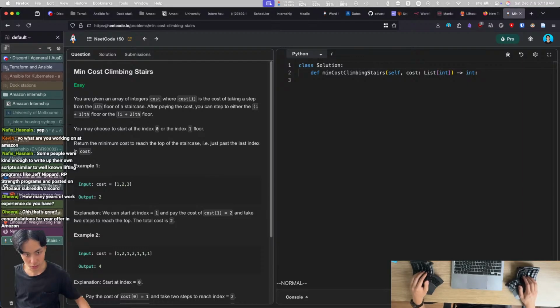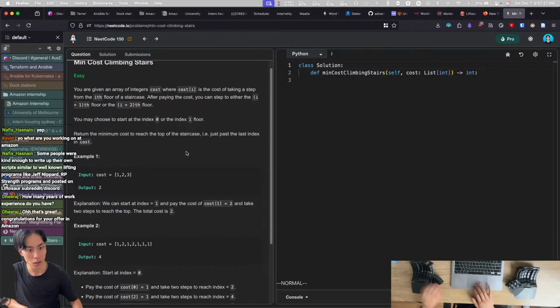Let's have a look. You are given an array of integers cost, where cost[i] is the cost of taking a step from the ith floor of a staircase. After paying the cost, you can step to either the i+1th or i+2th.